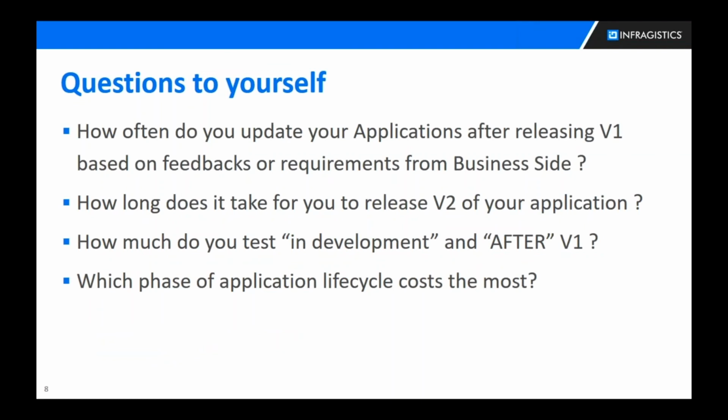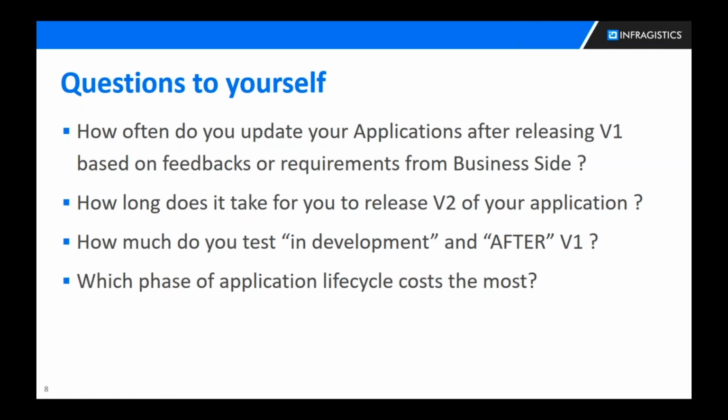So I have some questions for yourself. How often do you update your application after releasing initial versions? After initial versions, there are a couple of requirements coming from the business side, like we don't like this UI, or we wanted new features. If you need to change a lot, maybe WPF would be the best choice.